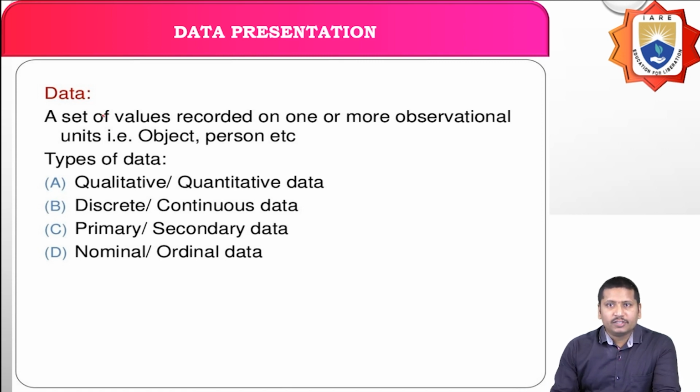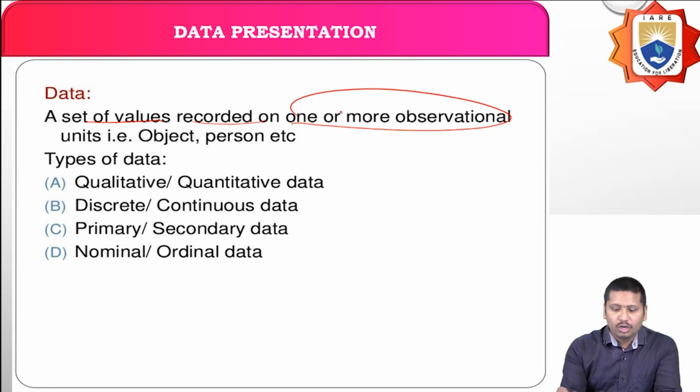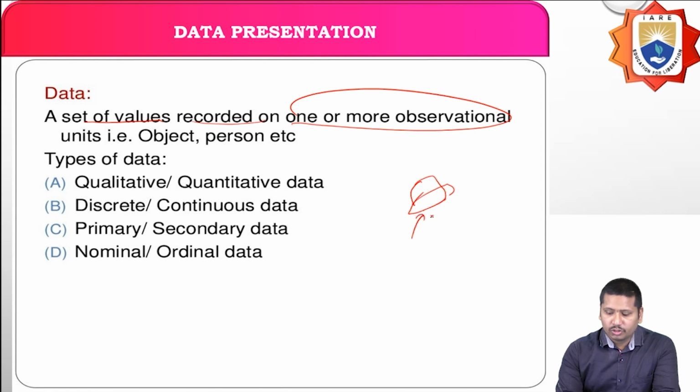So the very first thing is that data is the set of values recorded on one or more observational units. It may be an object or a person, whatever it is. Once we select any particular object, we see what type of data it comes under.